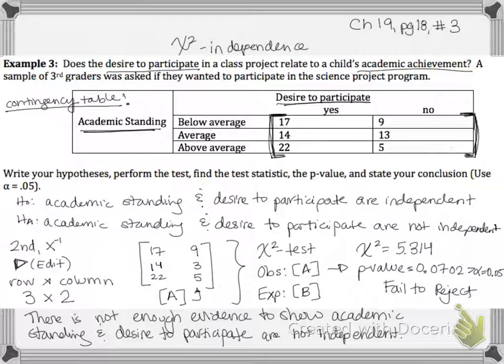So what we are saying basically, so not enough evidence to show they're not independent, would be like not enough evidence to show they're dependent. Okay?